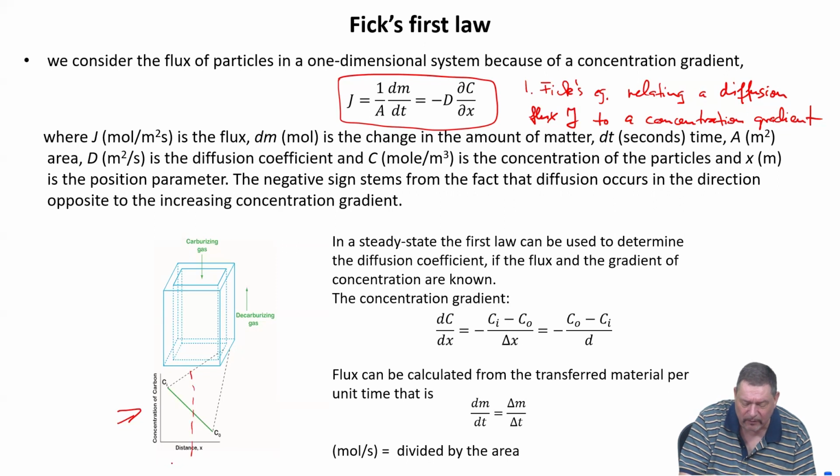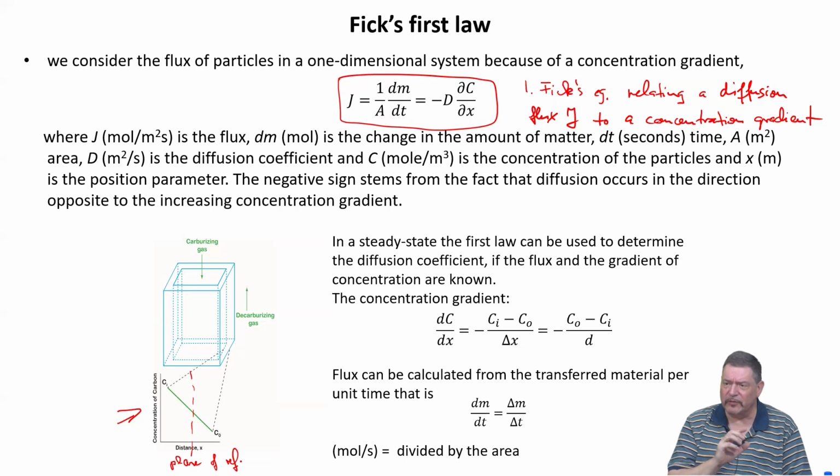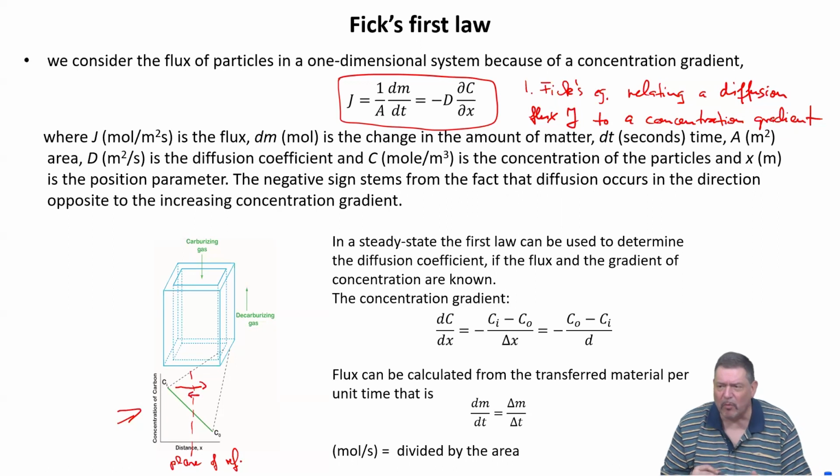This is my mental plane of reference. If I'm in this situation and I let nature minimize Gibbs free energy, what is going to take place is diffusive flux, which effectively moves atoms from left to right, right? Carbon atoms. So there is more going from left to right than going from right to left.